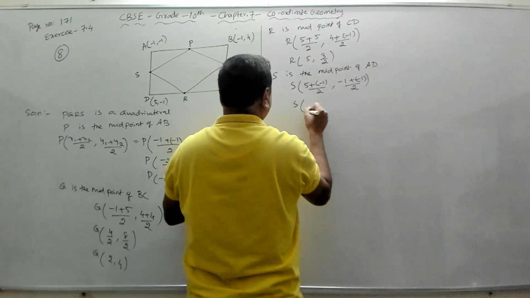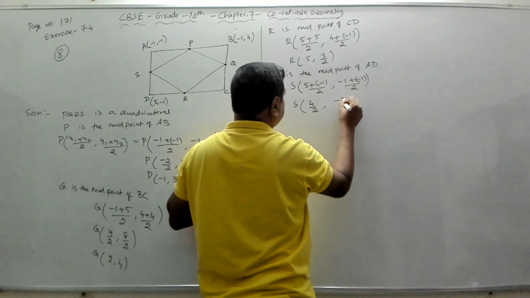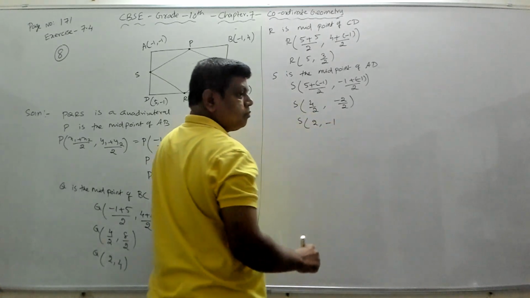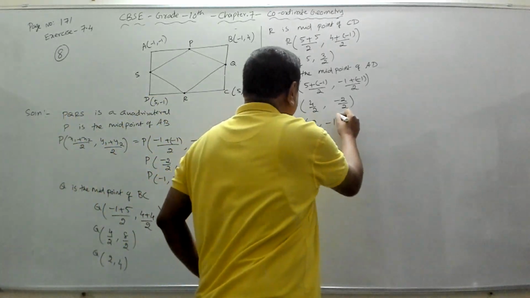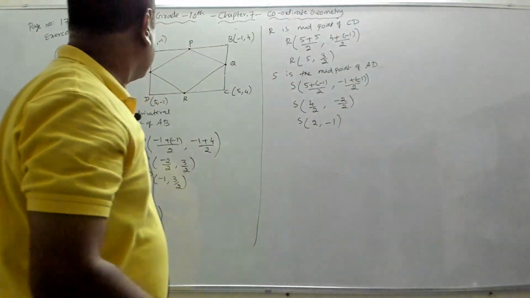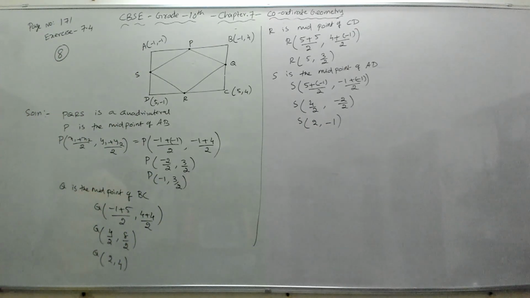So you get S of, this is 5 minus 1 is 4 by 2, comma minus 2 by 2. You get S of 2 comma minus 1. That is your point S, which is the midpoint of AD.